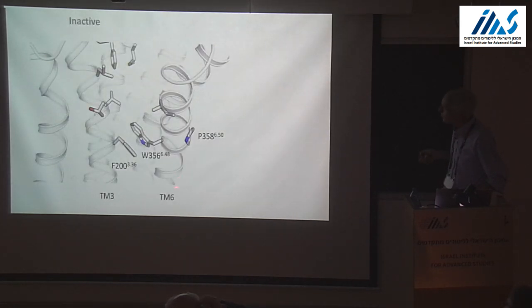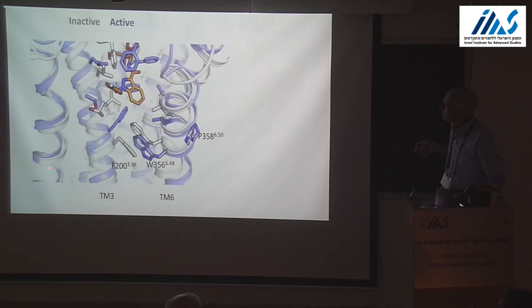This is transmembrane 6 in the inactive state, and this highly conserved tryptophan is held in the inactive position by a phenylalanine. What Fubinaca does is it binds and stabilizes this phenylalanine in a different rotamer, allowing this tryptophan to rotate outward.